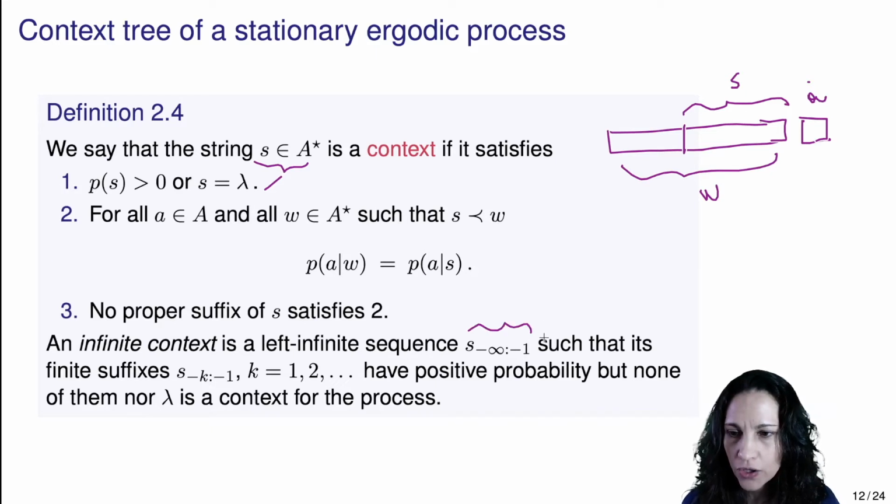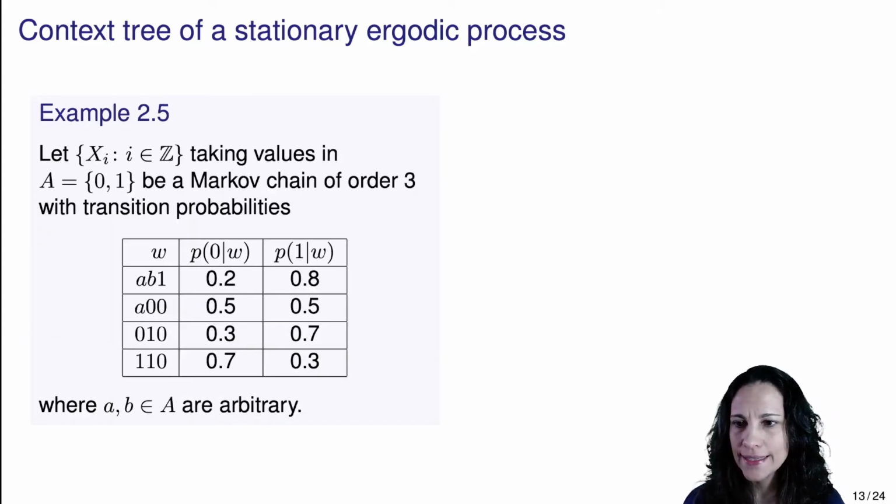An infinite context is a left infinite sequence S from minus infinity to minus 1, such that its finite suffixes of any order have positive probability, but none of them, nor lambda, is a context for the process. So let's see some examples.